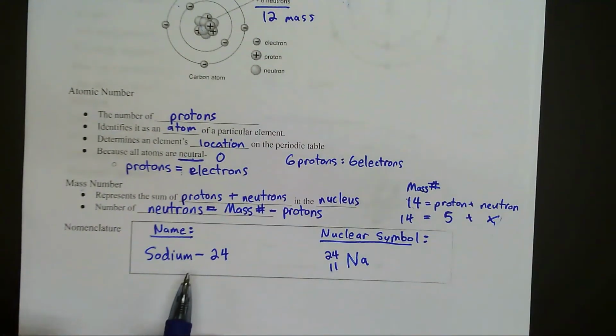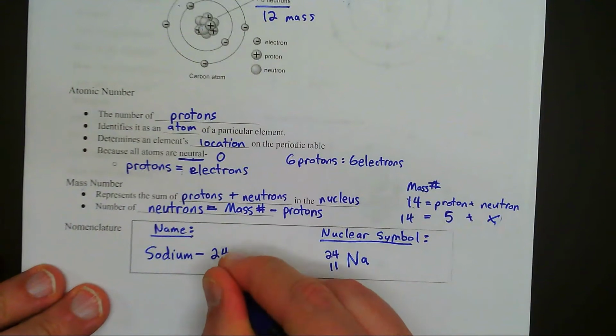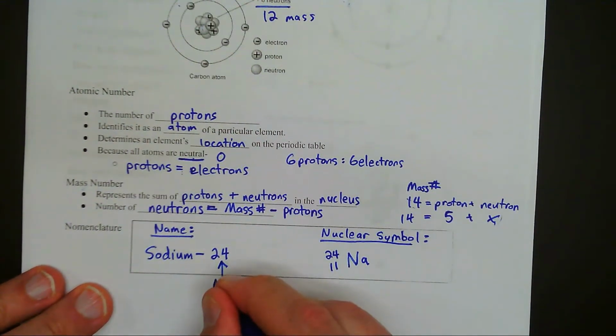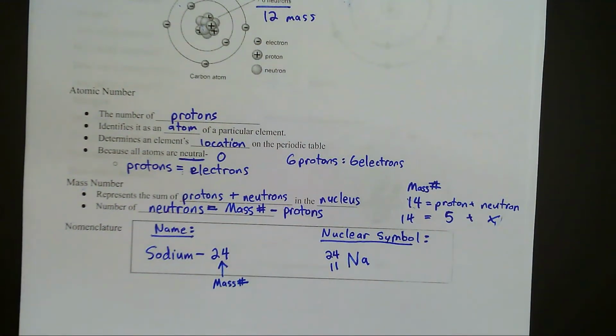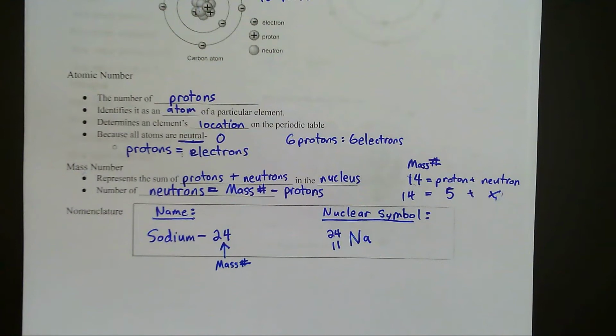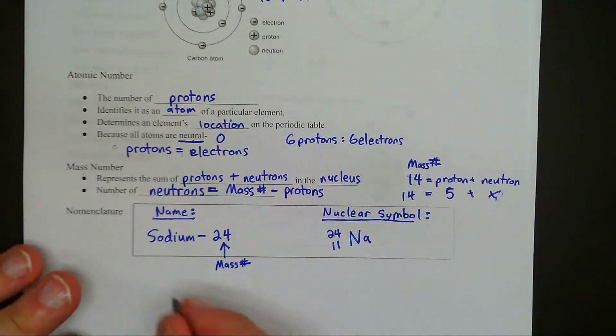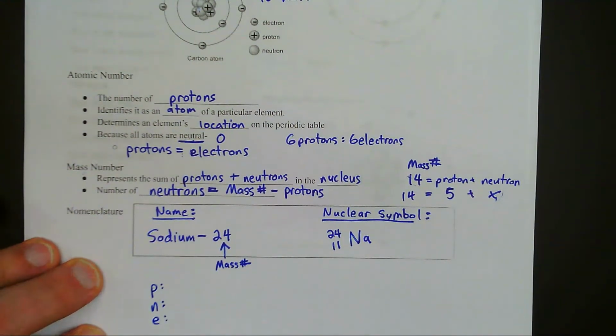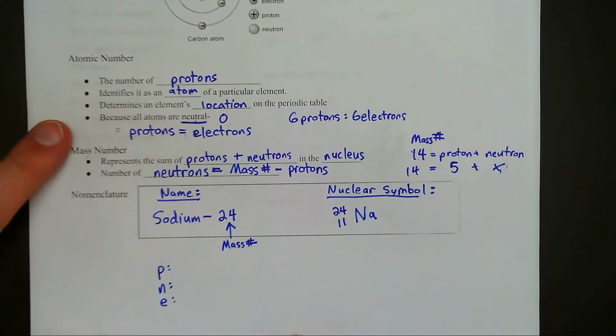So you'll have to be able to take something like this and identify what each part is. So let's start right here with that 24. That is our mass number. And so from that, I could figure out how many protons, neutrons, and electrons this particular element has.